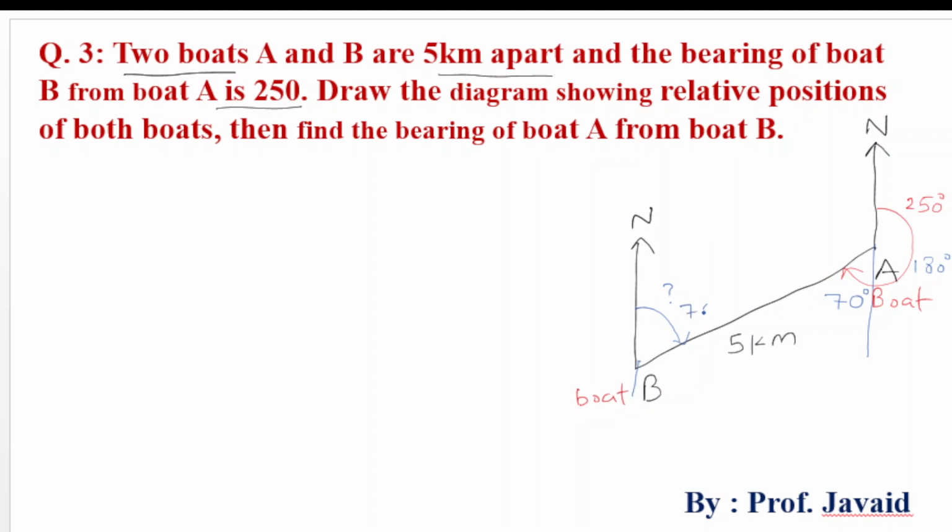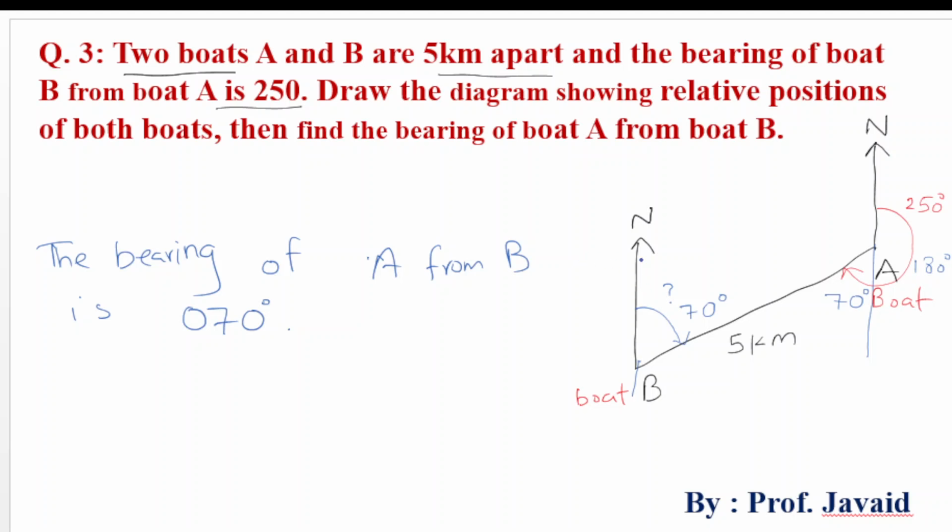So here this must be 70 degrees. So I can say in an easy way, the bearing of A from B is 070 degrees. You people will write like this.